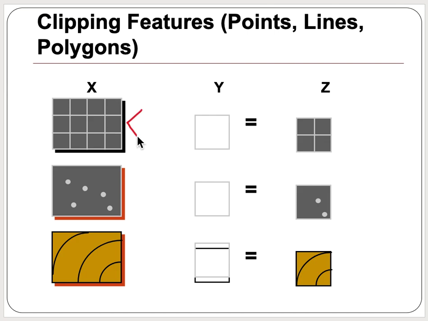Here we have polygons, and we could see the output. Our clip feature is a square, so our output is based on the polygons clipped over this boundary. And then we have points in this example and lines in this example.